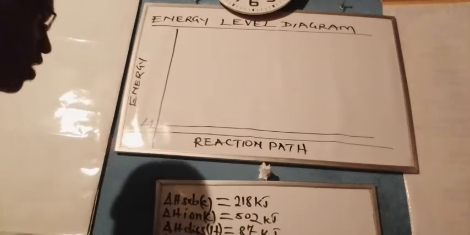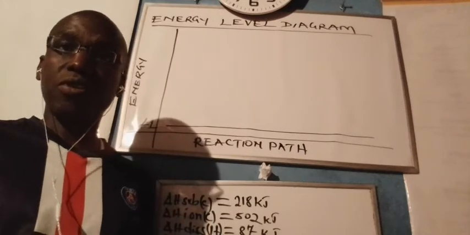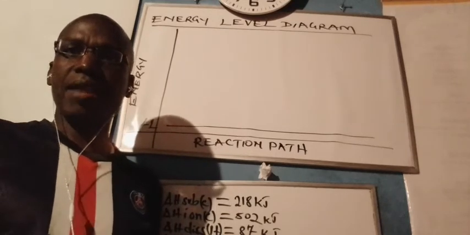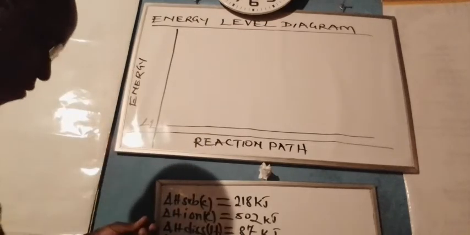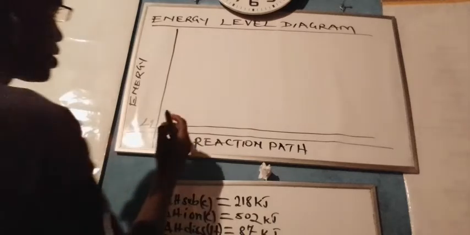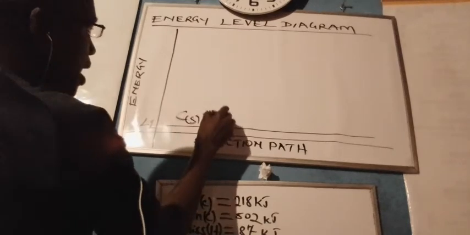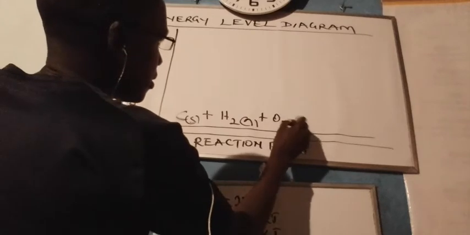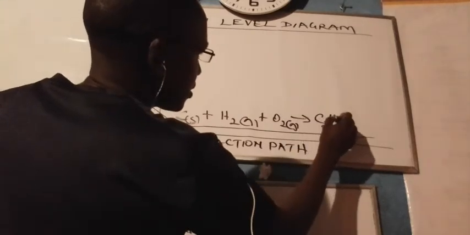So assuming that we want to find the enthalpy of reaction leading to the formation of ethanol from its pure elements, we begin from the basic level, which is our level 1 of reaction, in which the pure elements forming ethanol, including carbon, hydrogen, and oxygen, combine to form what is required, in this case, ethanol.